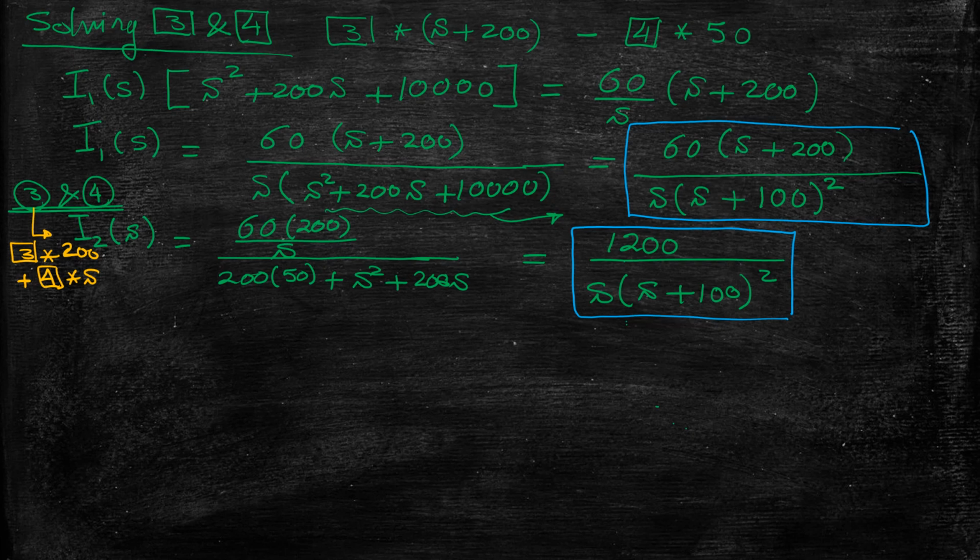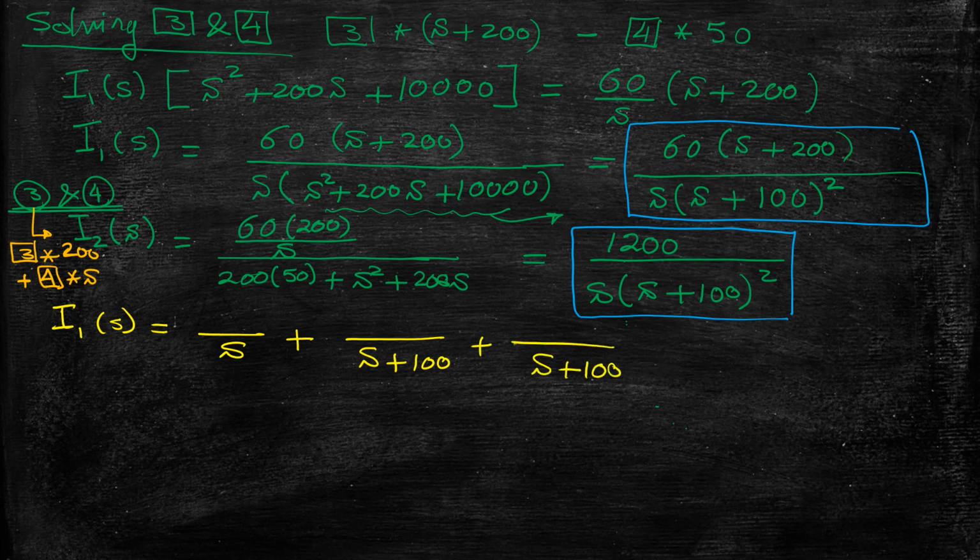It's very straightforward. So I1 right now, I can write I1 of S equals, by partial fraction very quickly, something over S, and another thing over S plus 100 squared.